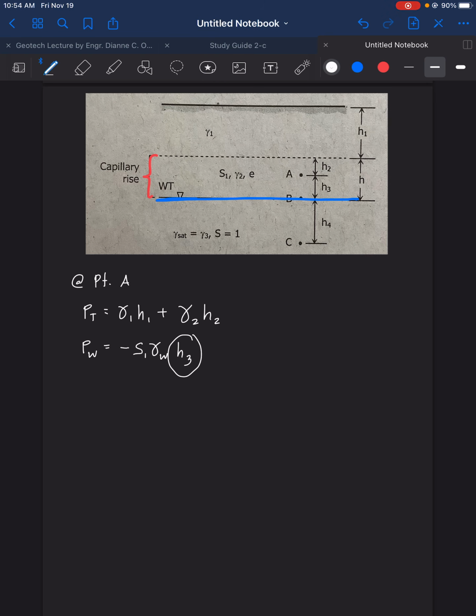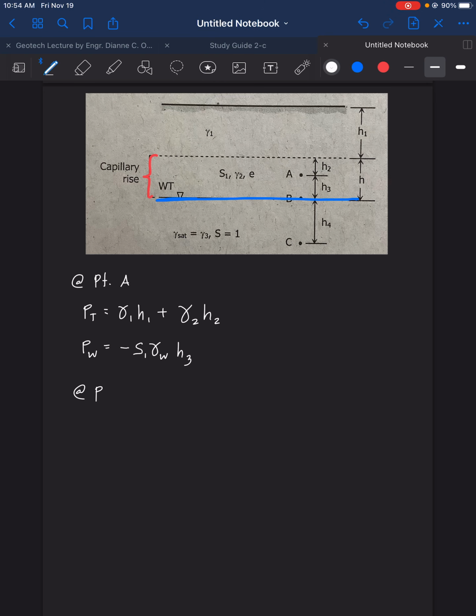H3 is measured from the water table up to point A. So it's not H2, it's H3, located from the source of water. So that's for the PW.